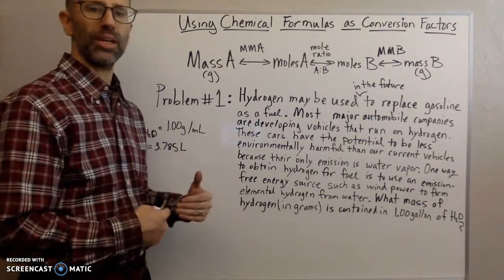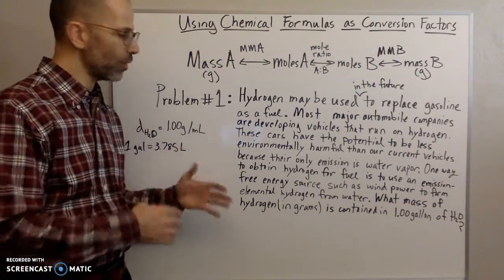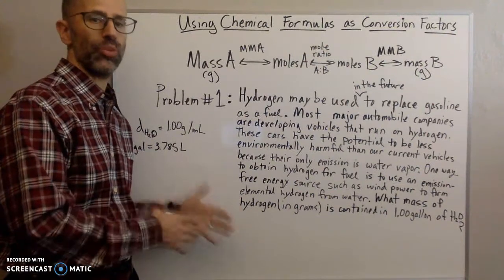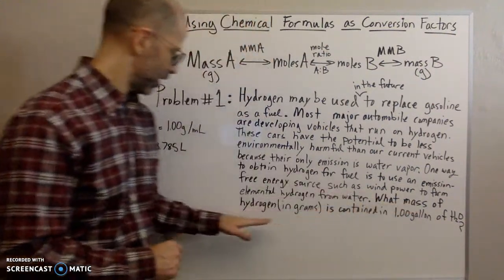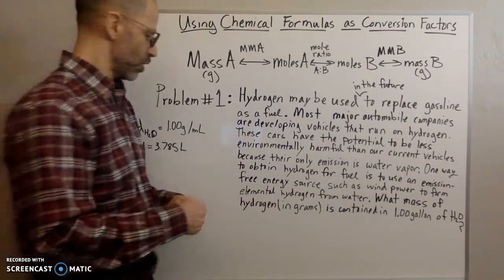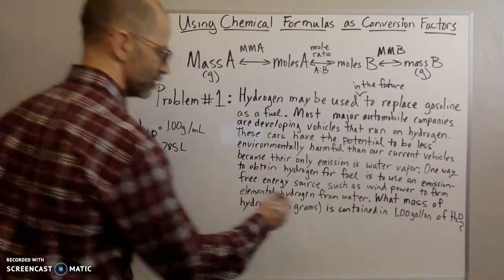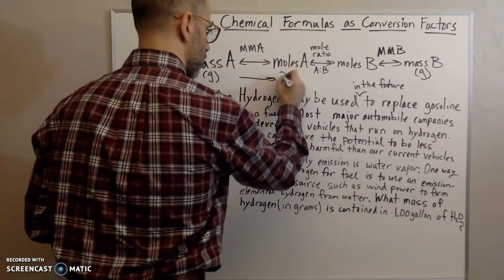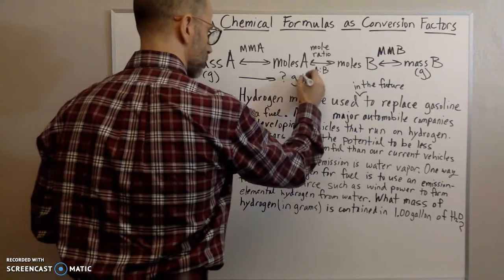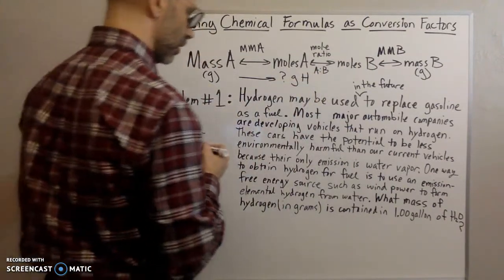Okay, so the question, remember what I always say, the question tells you where you're going to end and where you're going to begin. The beginning of the question tells you the ending. So what mass of hydrogen in grams? We want to know the mass, so I'll put my arrow up here. We want to know mass in grams of hydrogen.